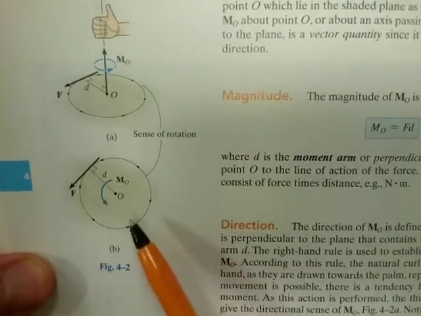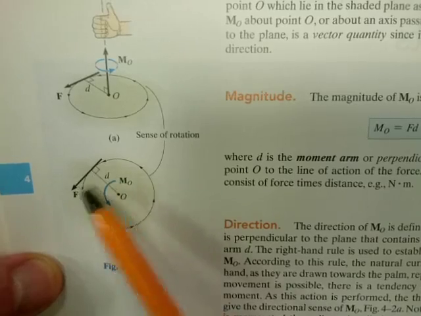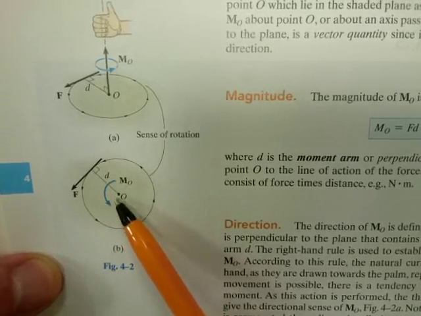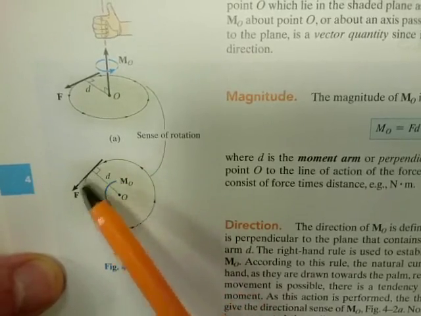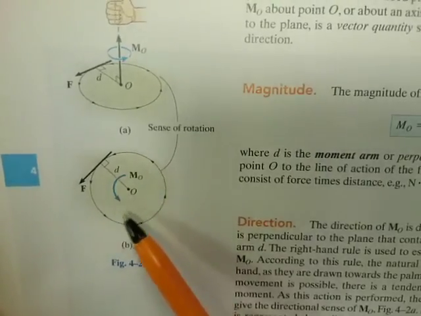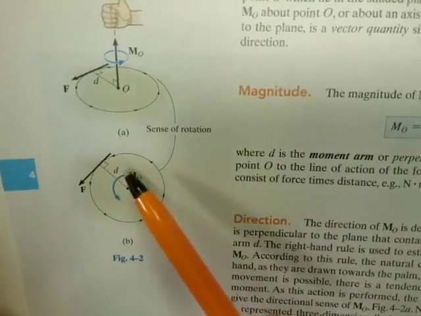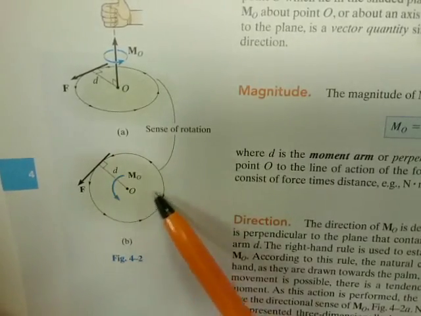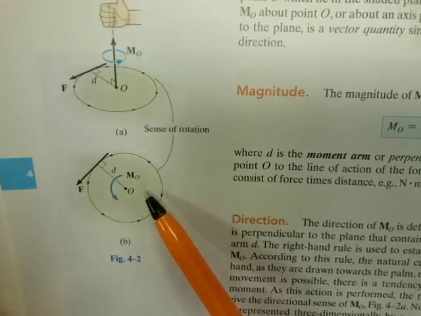Look at this picture here. There's the force, there's the moment arm, there's the point of rotation. Our fingers go in that direction and they curl towards the point of rotation, and then we're able to see, oh, this force here is going to cause a sense of direction that is counterclockwise, anti-clockwise. Does that make sense?